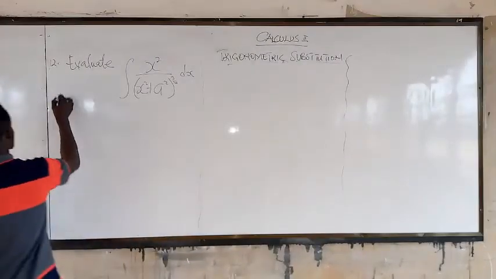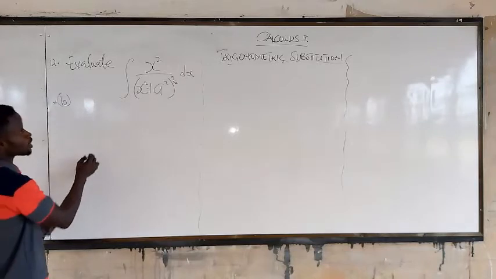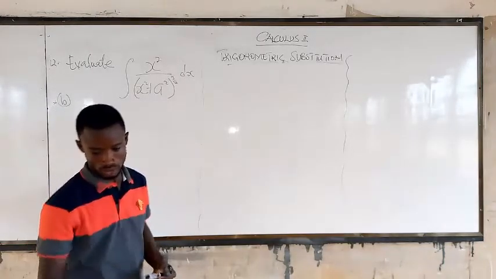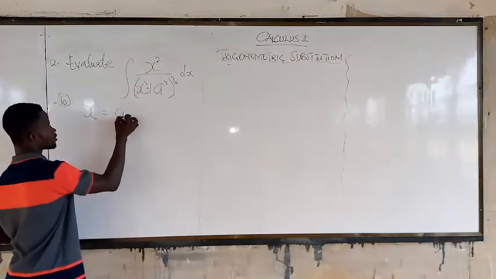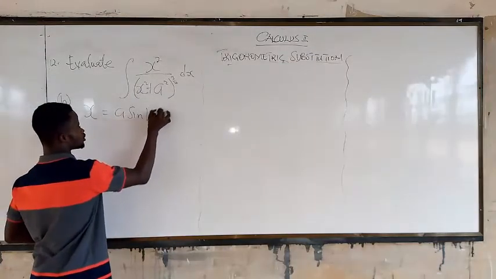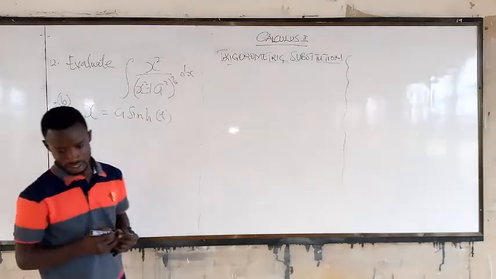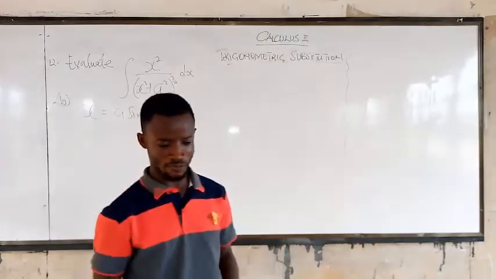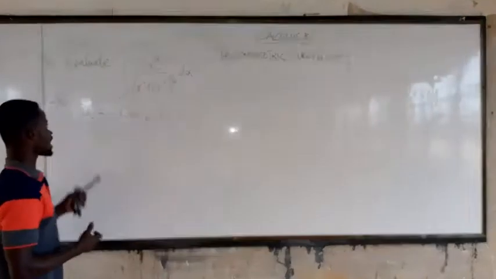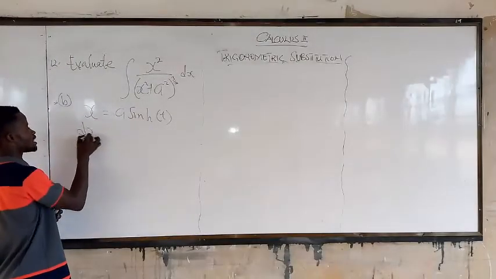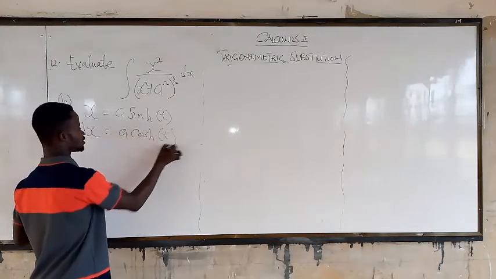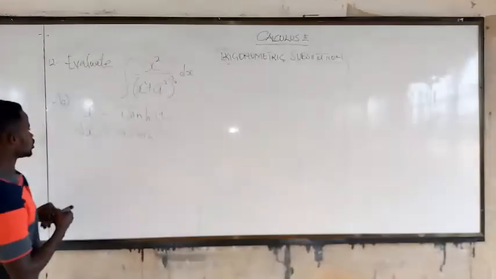So the B, which is by hyperbolic substitution, we were given that s is equal to a sinh t. So straightforward. Given that s is equal to this, we find ds, which is a cosh t.